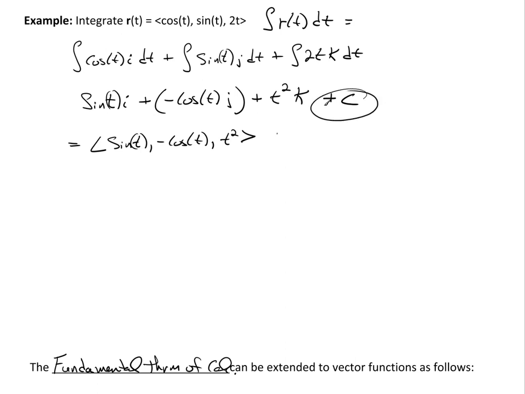Because of that constant, it's probably not a good idea to write it like this. We should leave it in the basis vector form: sine of t i, oops, this should be a minus cosine of t j plus t squared k plus c, where c is the constant of integration, but in this case it's the constant of vector integration.